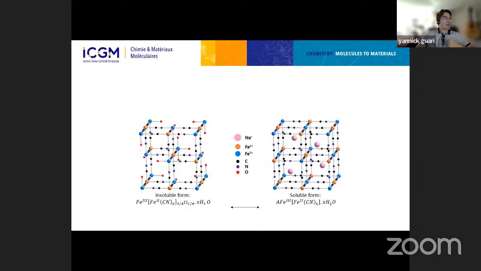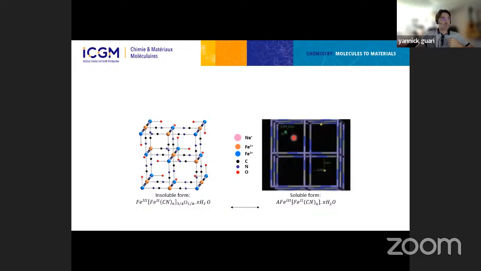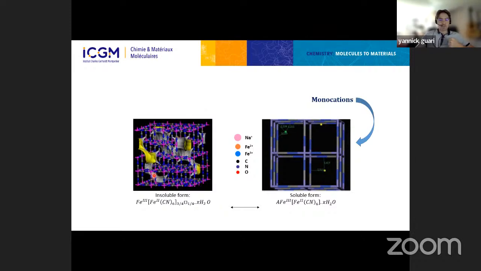So as I've already mentioned, there are two kinds of sites accessible within the Prussian blue structure. The tetrahedral sites of the structure that can host monocations, or, due to lacuna of the hexacyanoferrate, the presence of channels in the structure, which allows the incorporation of organic molecules.